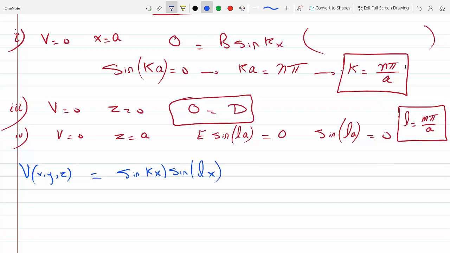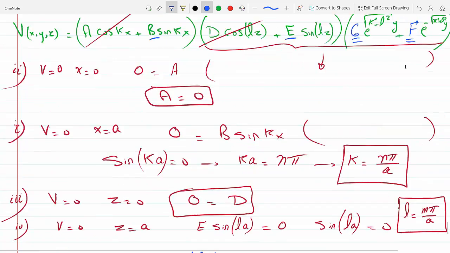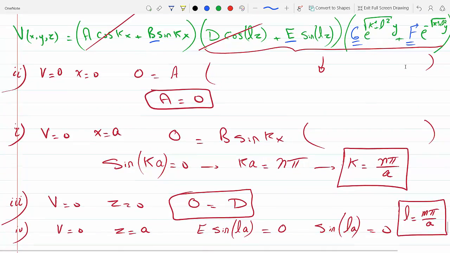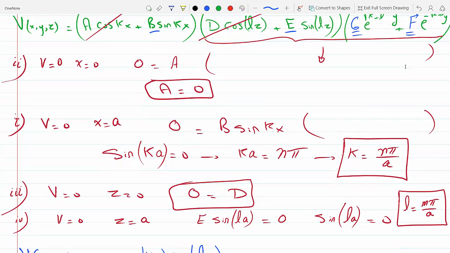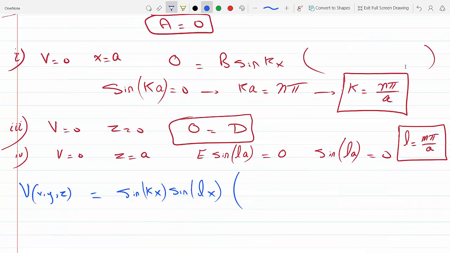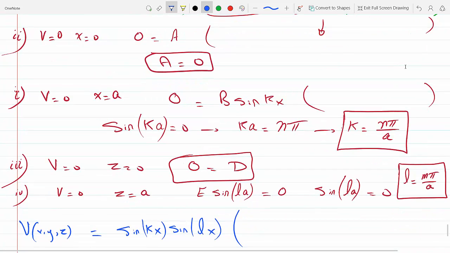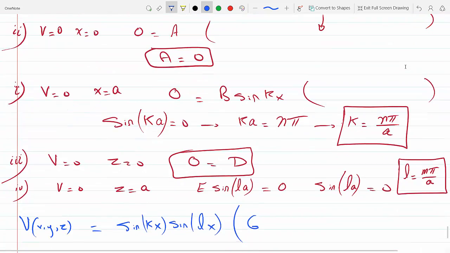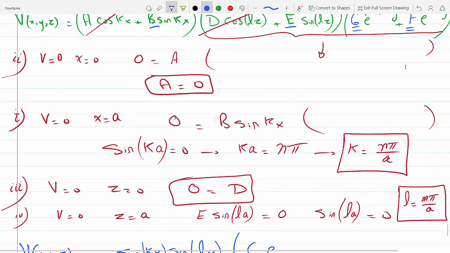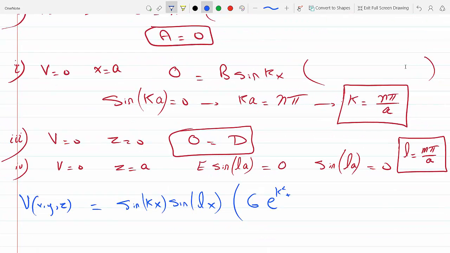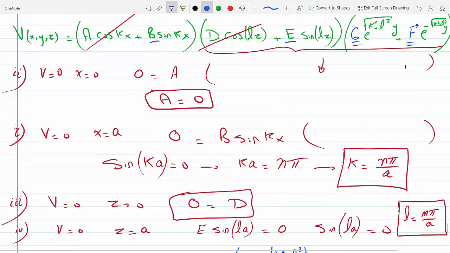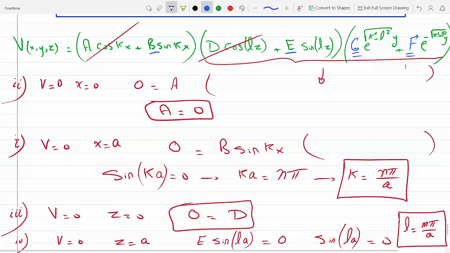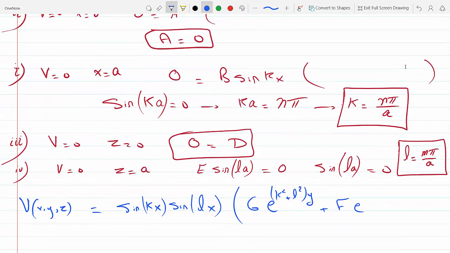And then what was the last one? Now here I could have my coefficients. Let's just stick with G and F. So I'm absorbing the coefficients for the B and the E into G and F. So G e to the square root of k squared plus l squared times y, plus F e to the minus square root of k squared plus l squared times y.